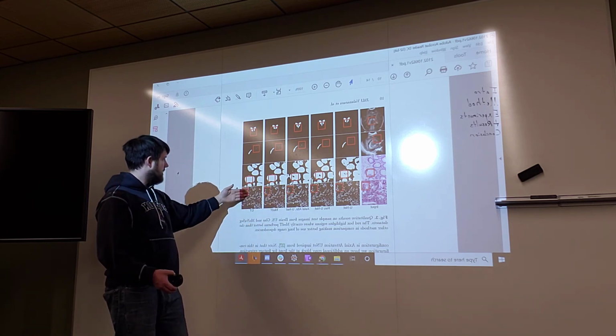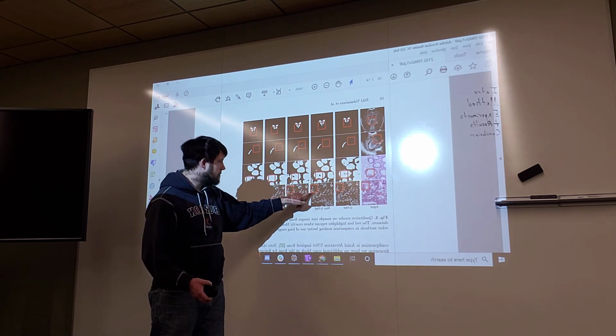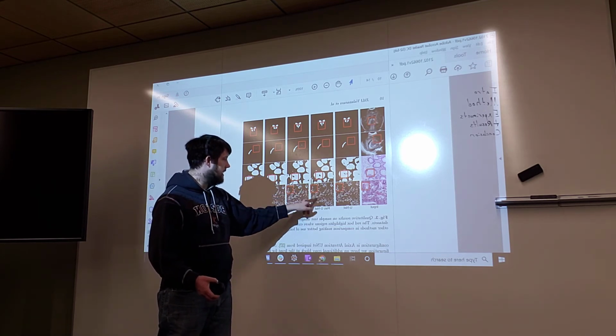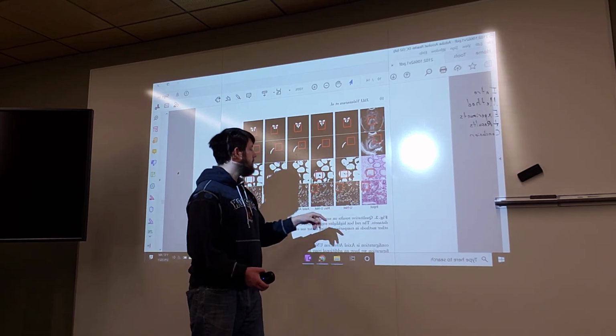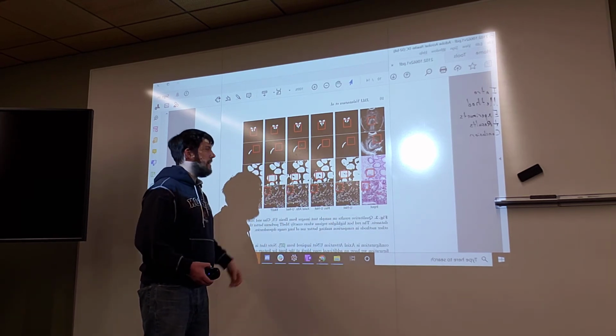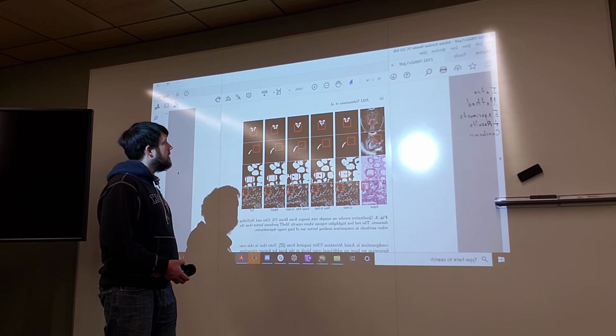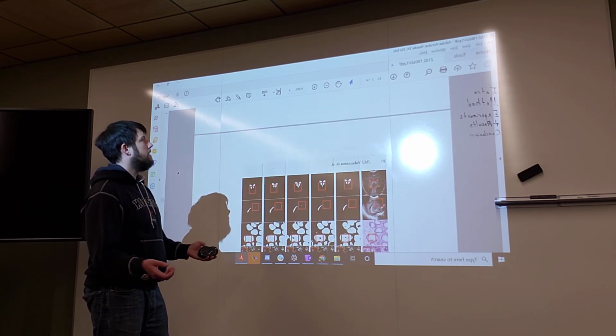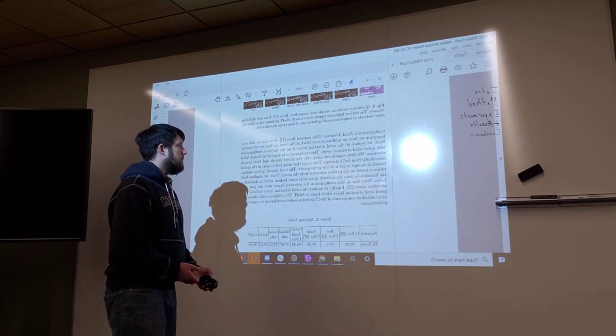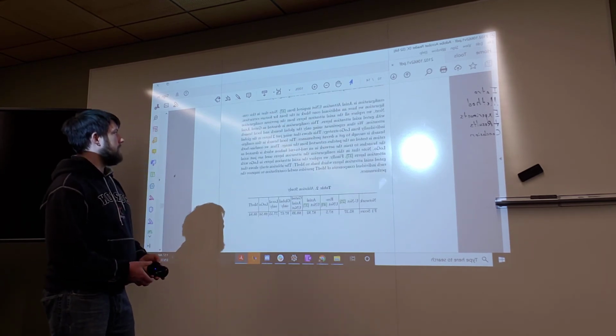Like this one's kind of more in. You could barely see the difference. Like ResNet is all the way on the right here, but it's actually right here. So I think the quantitative results are better, but yeah, they have that right there in the middle of their ablation study. But then they get the ablation study table.